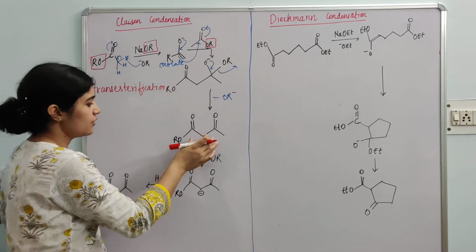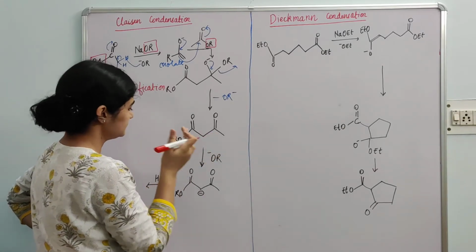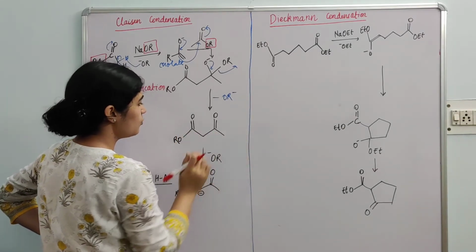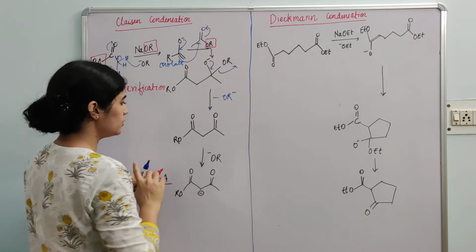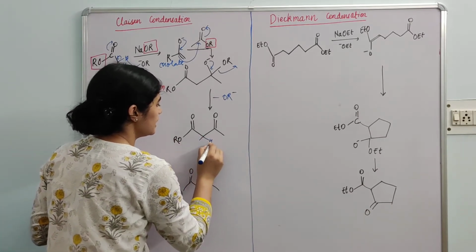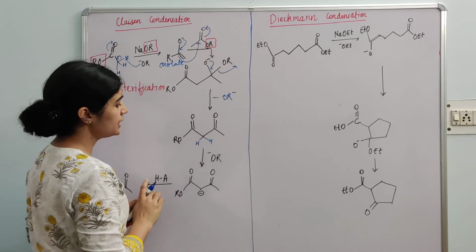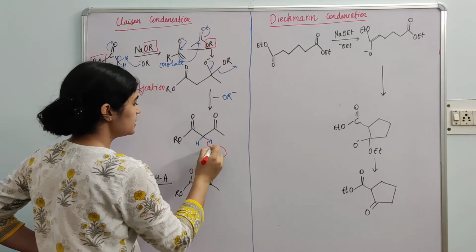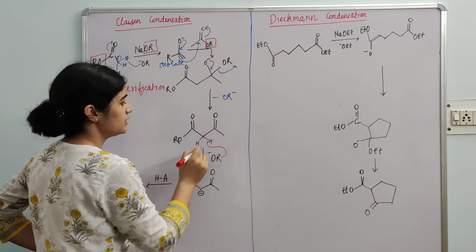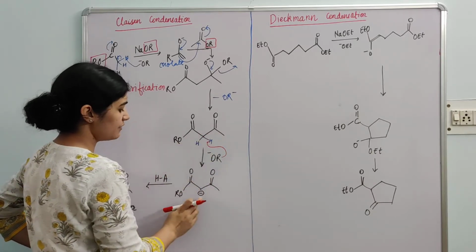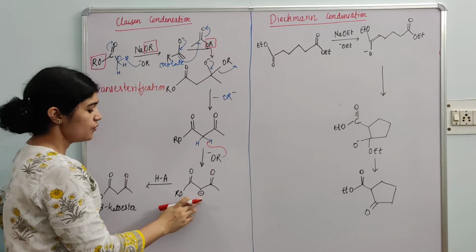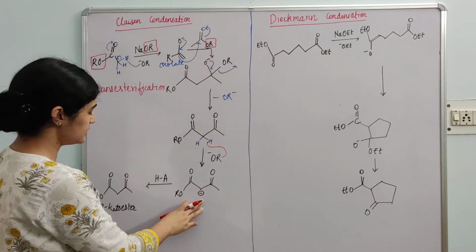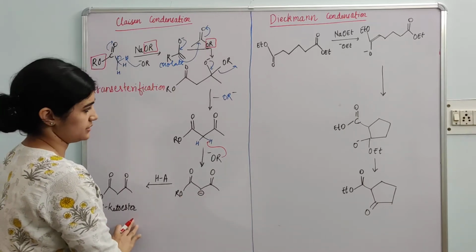Alright, now we have gotten this. Now what happened? There are two hydrogens present here. OR negative will attack the hydrogen and eliminate it. So this carbon will have a negative charge. Now when you treat it with the acid, you will get a beta ketoester.